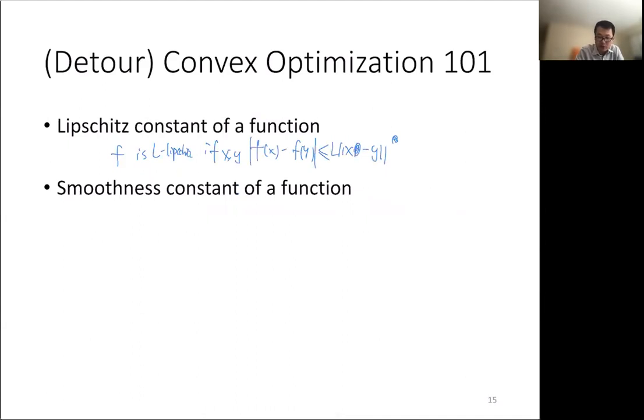At the moment we're taking this norm to be just the Euclidean norm. You can define the Lipschitz constant with respect to other norms, but for now we will be using the most natural norm, the Euclidean norm.